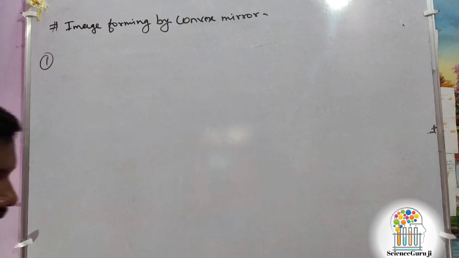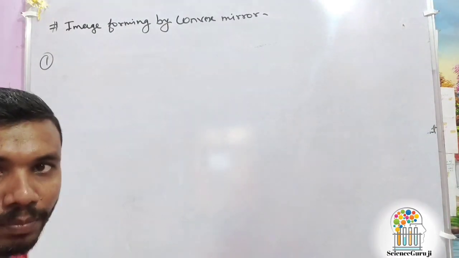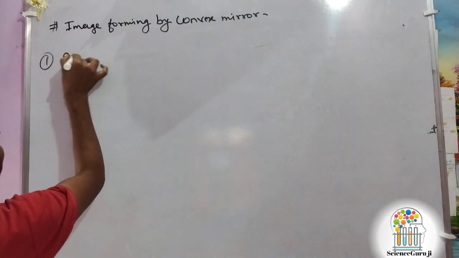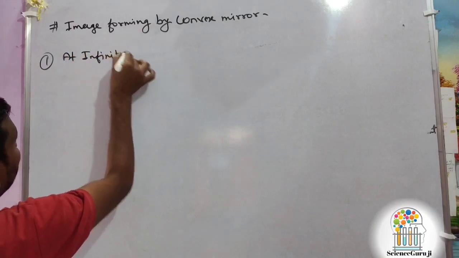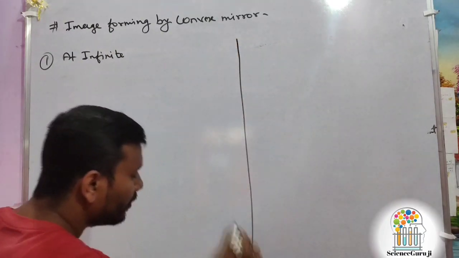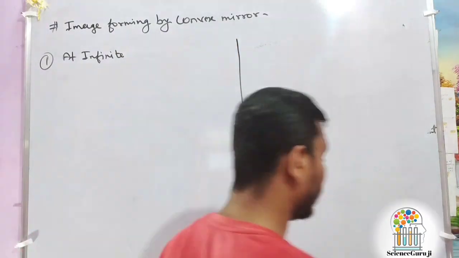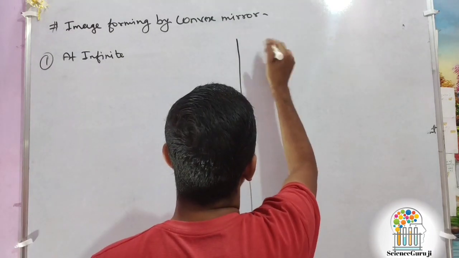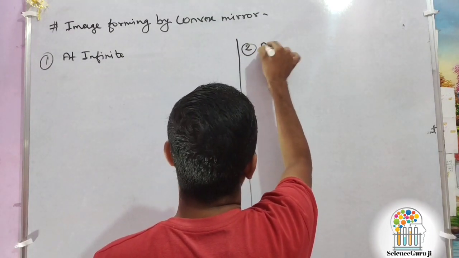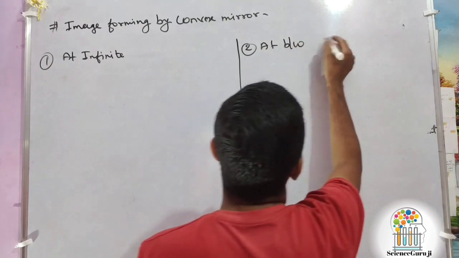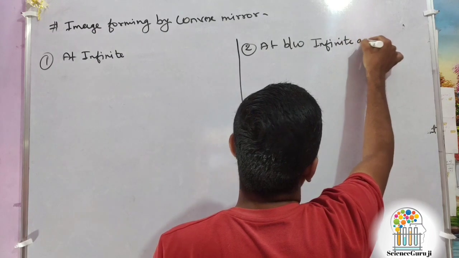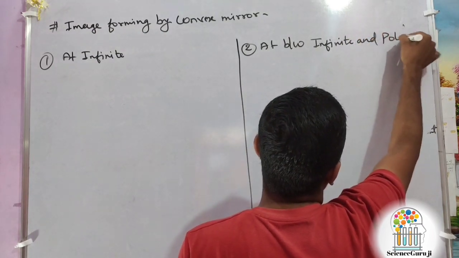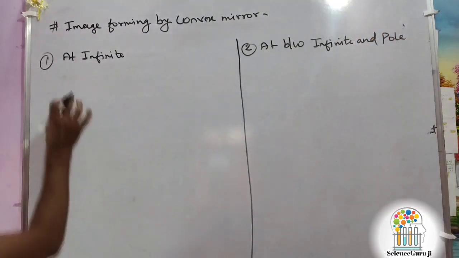First condition is if the object is at infinity. Second condition is if the object is between infinity and the pole. So let's start with the first condition.